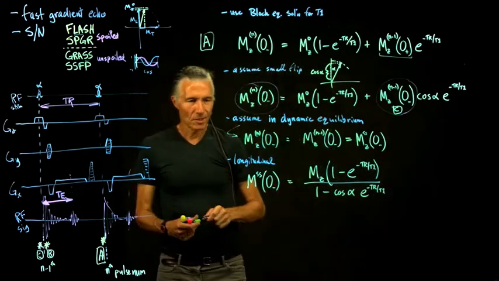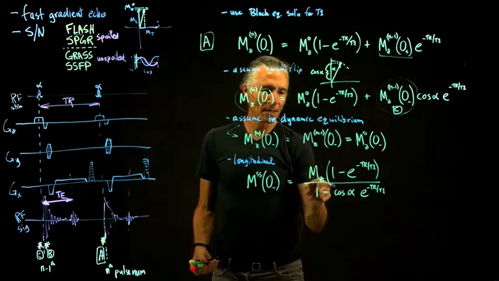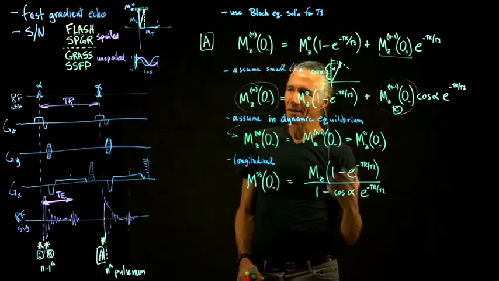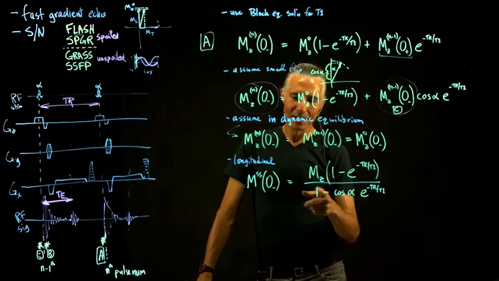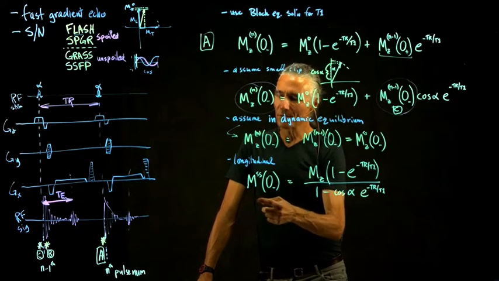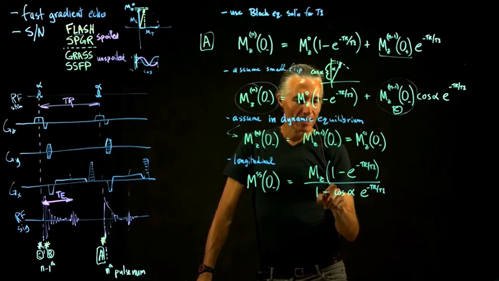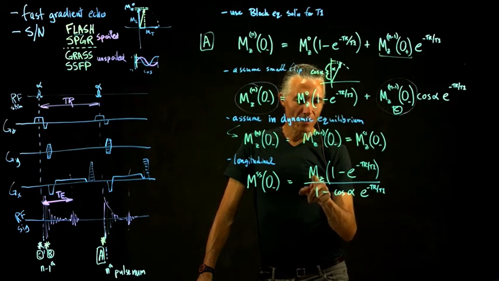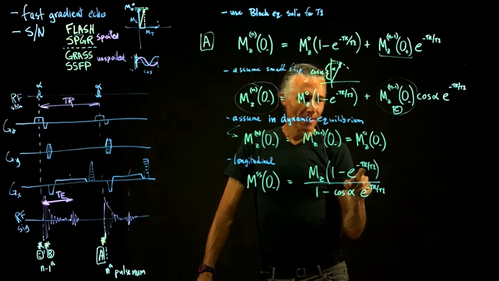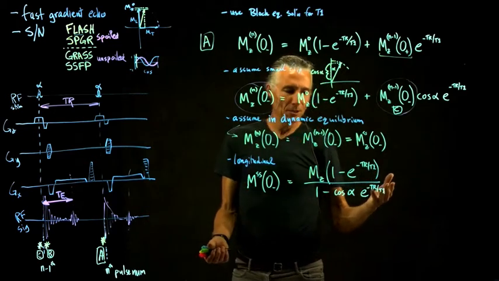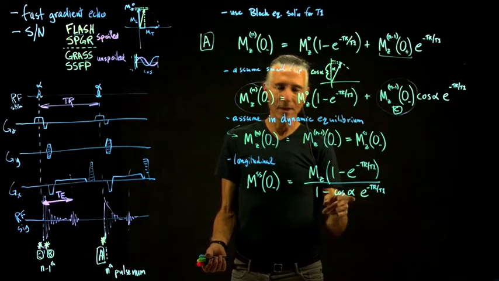Okay, so that's our equation, now with stuff that we do know, for this unknown amount of magnetization right before the flip. If we look at this, we know Mz, we know what the TR is, we're assuming we know what the T1 of the tissue type is, and we know what our flip angle is.